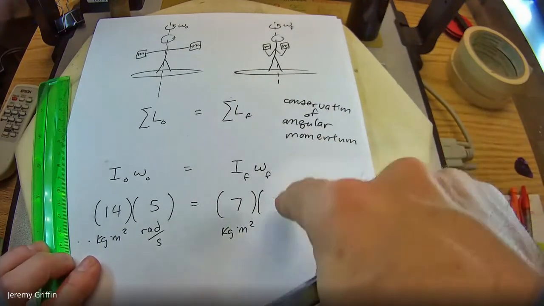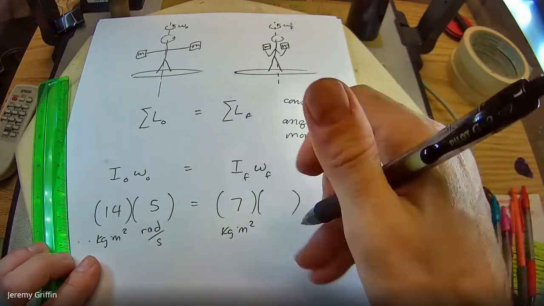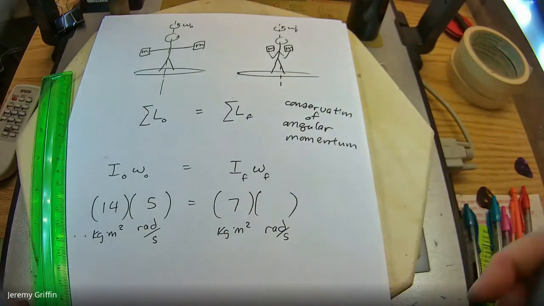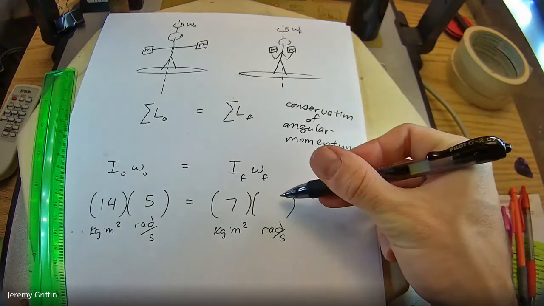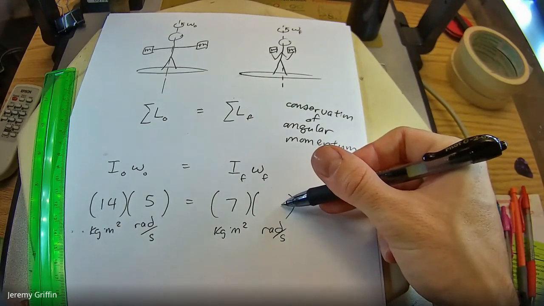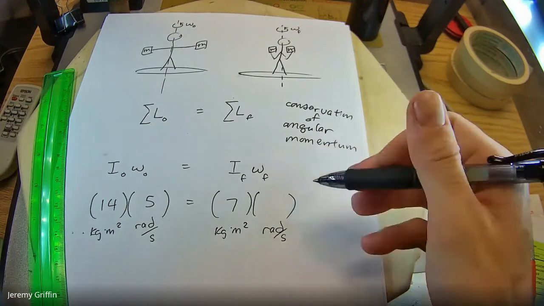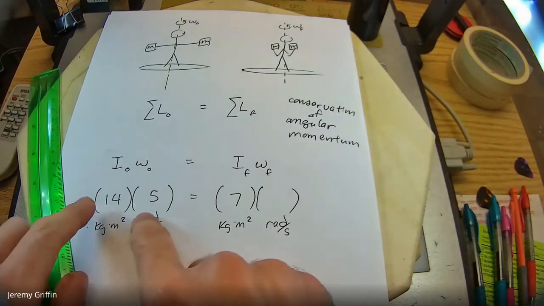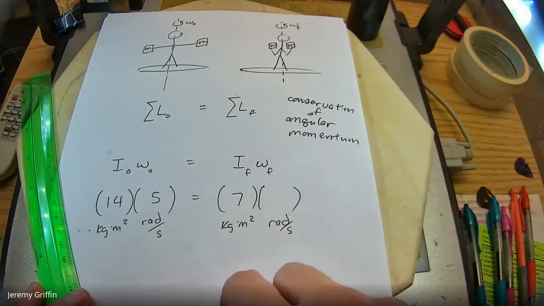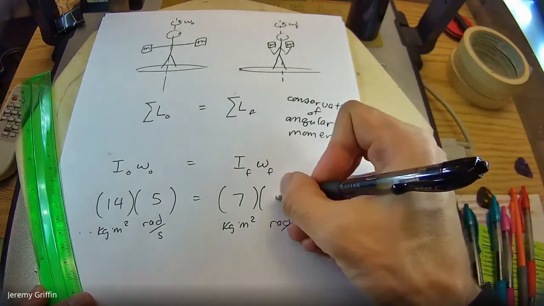Hey, you guys tell me, what is the final angular velocity in radians per second? What number has to go here? How about this? 14 times 5 is 70. So what is 7 times what is also 70? 10. Yeah, 10 radians per second.